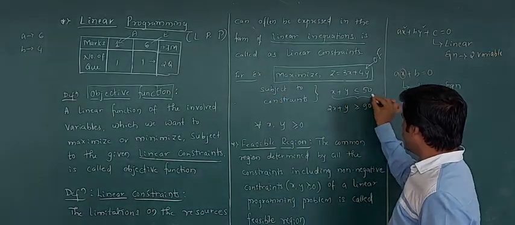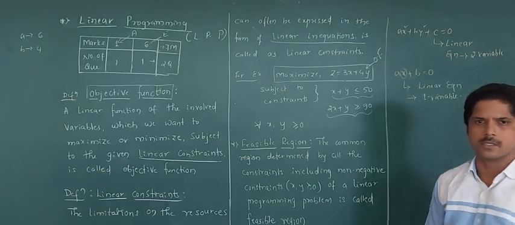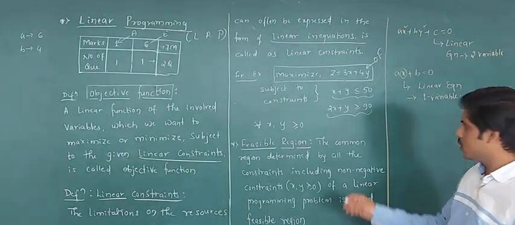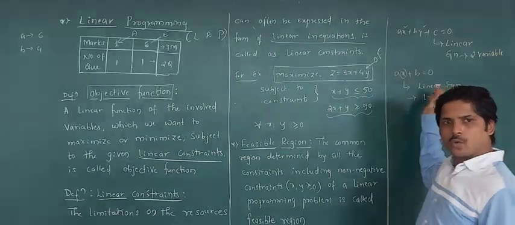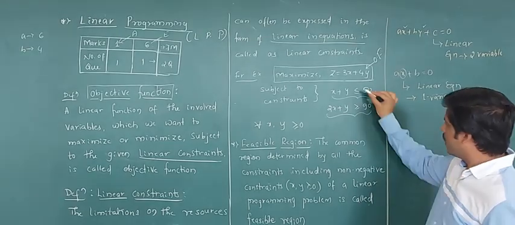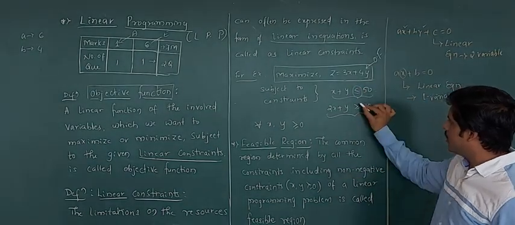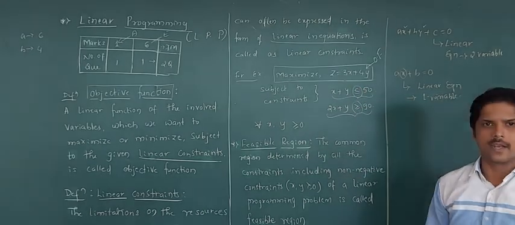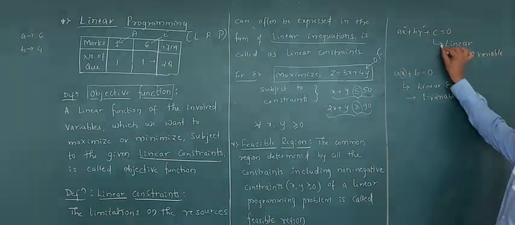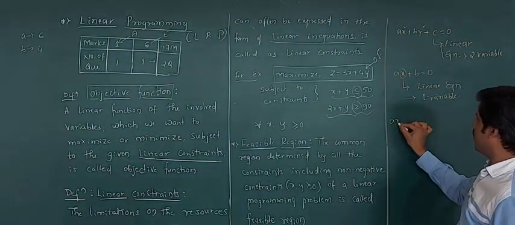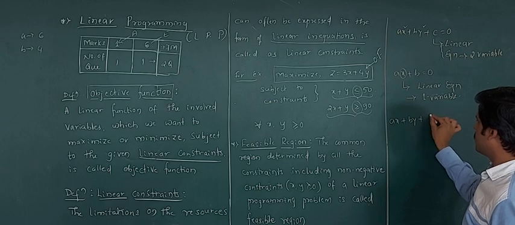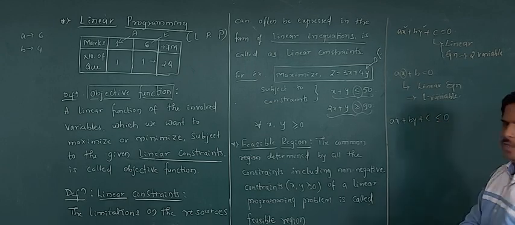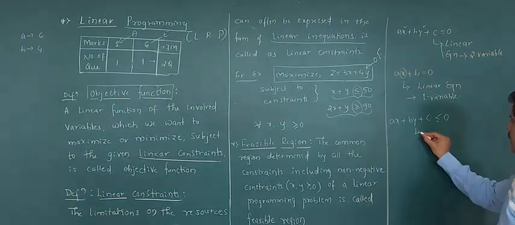Here we have linear inequations, because 2 variables are there, with less than or equal to or greater than or equal to. If ax plus by plus c is less than or equal to 0, then we call this a linear inequation.